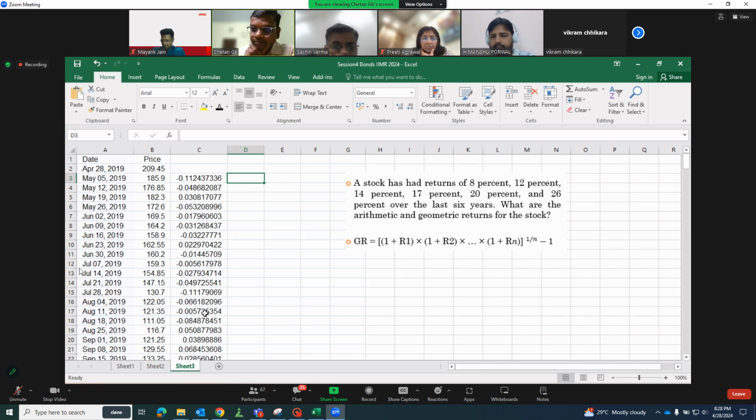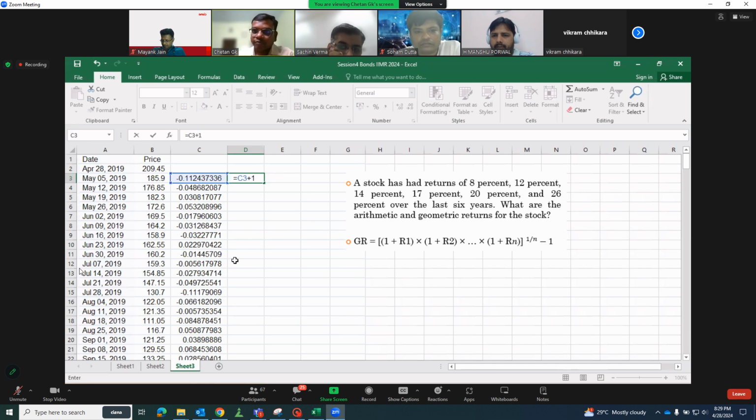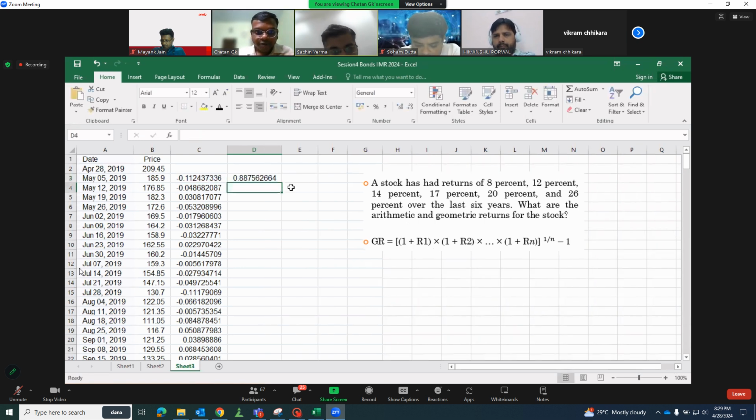So is equal to this plus 1, to the power 1 by this, 261. We are going step by step. We are just adding 1 because R1 plus 1, R2 plus 1, as you can see in the formula here. I press enter.